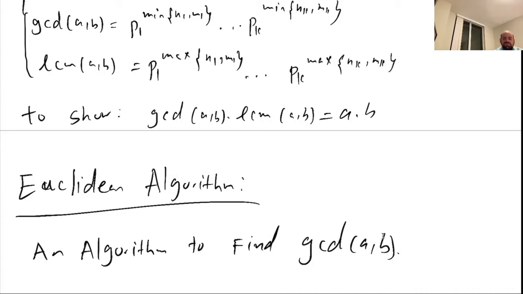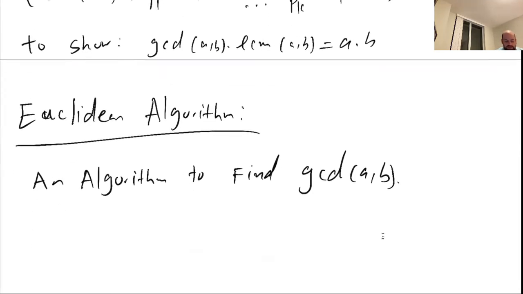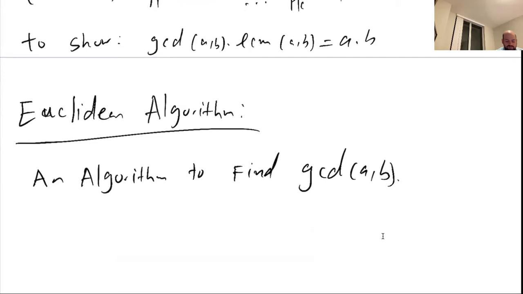Even though we have powerful computers these days, we still prefer faster algorithms that even computers can do faster. So we want an algorithm to find GCD of A and B faster than the algorithm explained above.